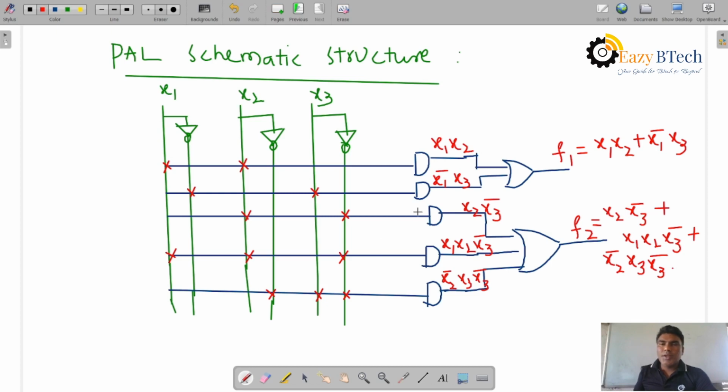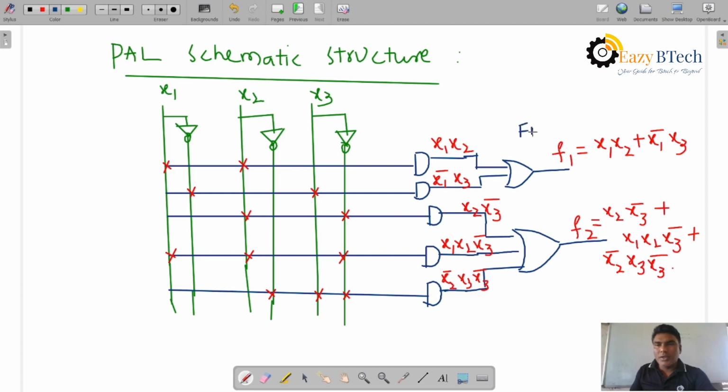According to whichever functions f1 and f2 are given, we connect the cross marks, which go to the AND gate. The AND gate is programmable, and the OR gate is an external fixed OR gate.